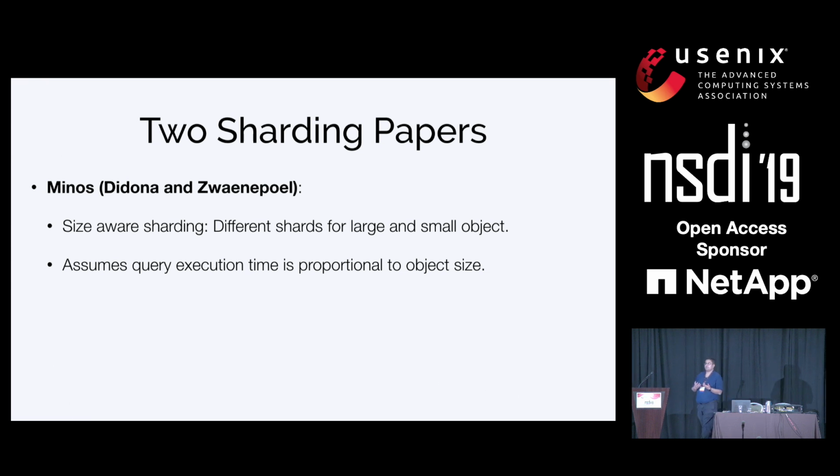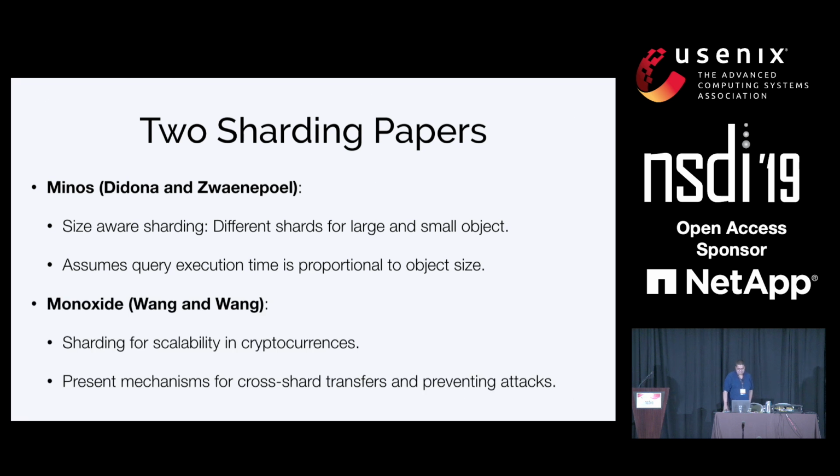And what they show is that there's a difference in the amount of time it's taking to process large objects versus small objects. So their approach to this is to go figure out how many large objects, or what constitutes a large object, put them on a different shard, and figure out what are small objects, and put them on many different other shards.